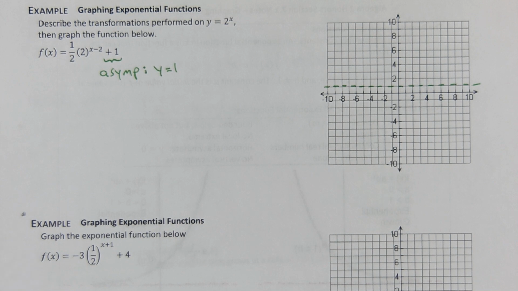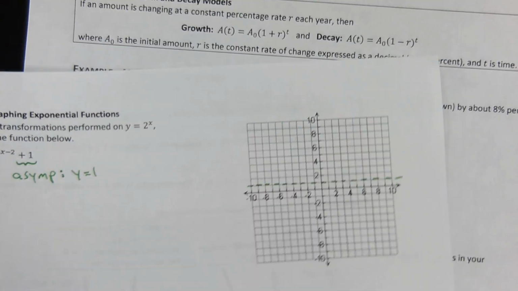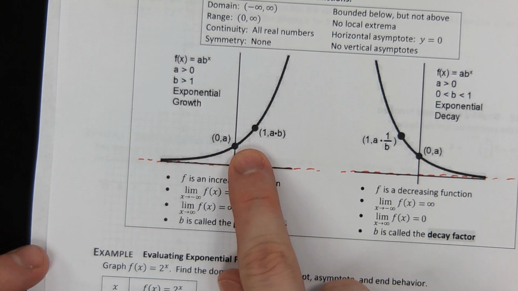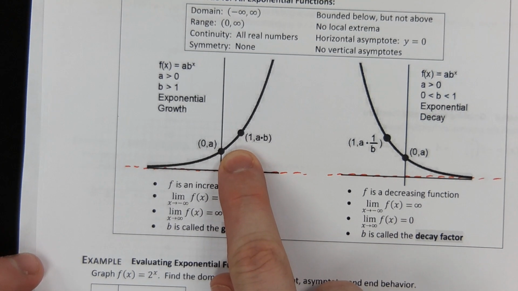Next, before I find more pieces of the graph, what I always do is decide what the graph should look like. I see a positive a value, 1/2, and I see an exponential base that is greater than 1. A positive a value and a base that's greater than 1. So it's going to behave like this one.